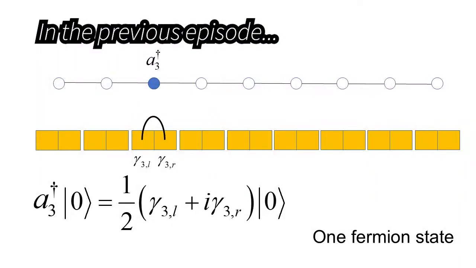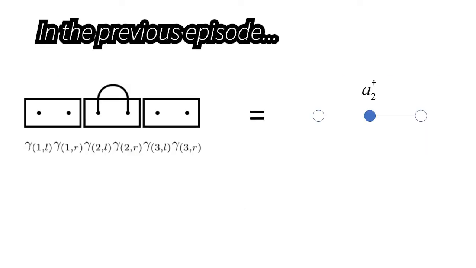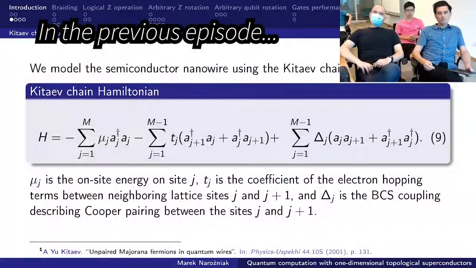Each of those regular fermion operators can be expressed using two Majorana operators. The rectangular boxes are the lattice sites, and dots are Majorana operators, potential Majorana modes. And when two dots are connected, that makes a fermion. The Kitaev chain Hamiltonian can be grouped into three kinds of terms.